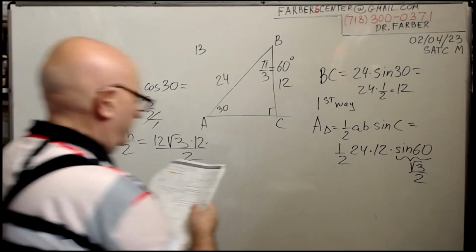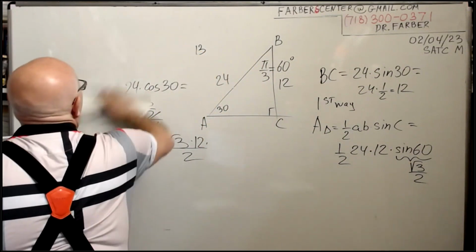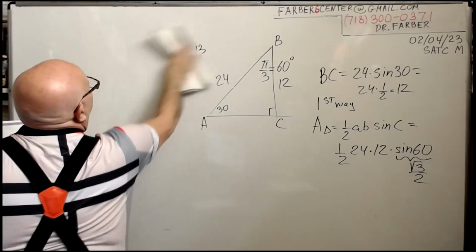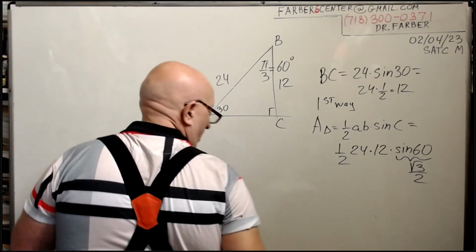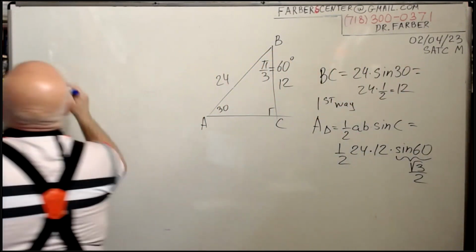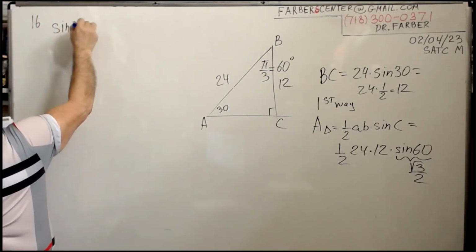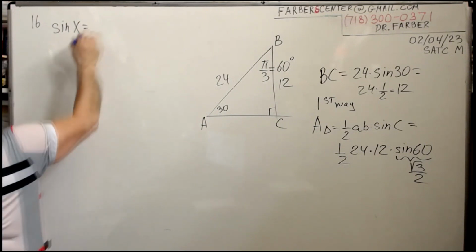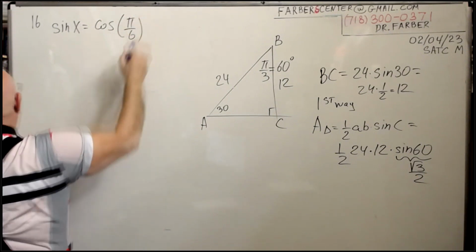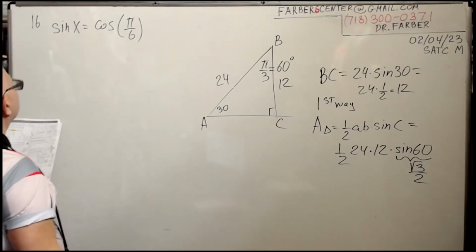16. What we have in 16? Sine of x equals to cosine of pi over 6. Then which of the following could not be value of x?